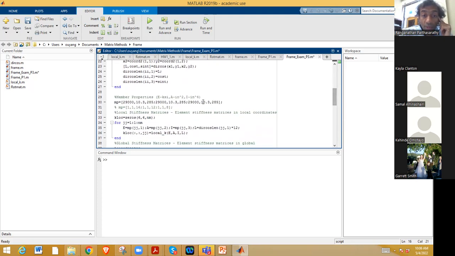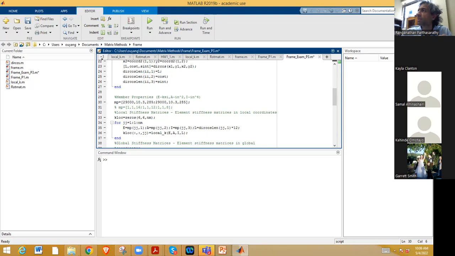Then you have your member properties. You have only 2, so you can remove the third one. And what is your E? 70 gigapascal. So we will enter everything in kilonewton and meter. Let's see. Kilonewton and millimeter, that may be best.